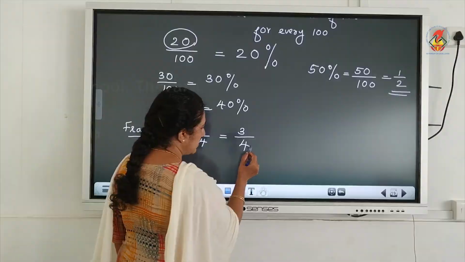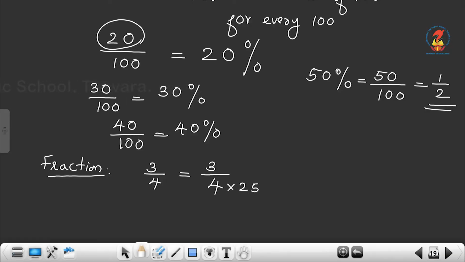How can you make the denominator 100? You have to multiply both numerator and denominator by a suitable number. So 4 into 25 is 100, so you have to multiply the numerator also with 25. So you will get 75 by 100, and 75 by 100 we can write as 75%.